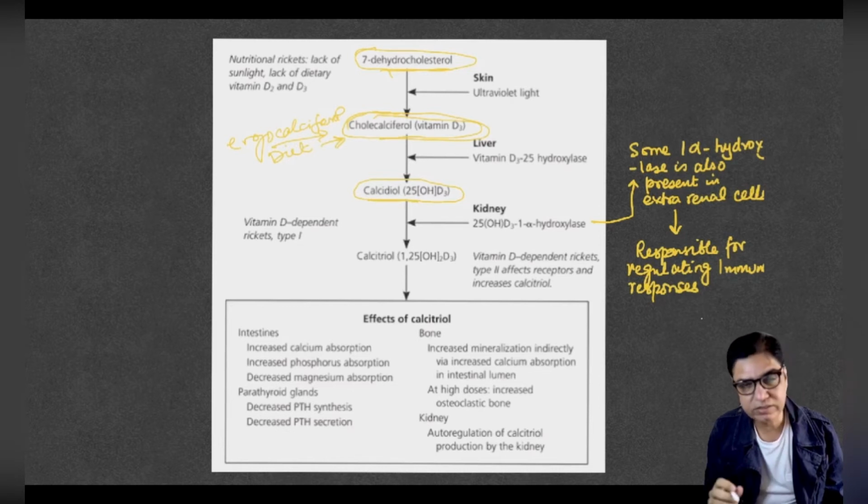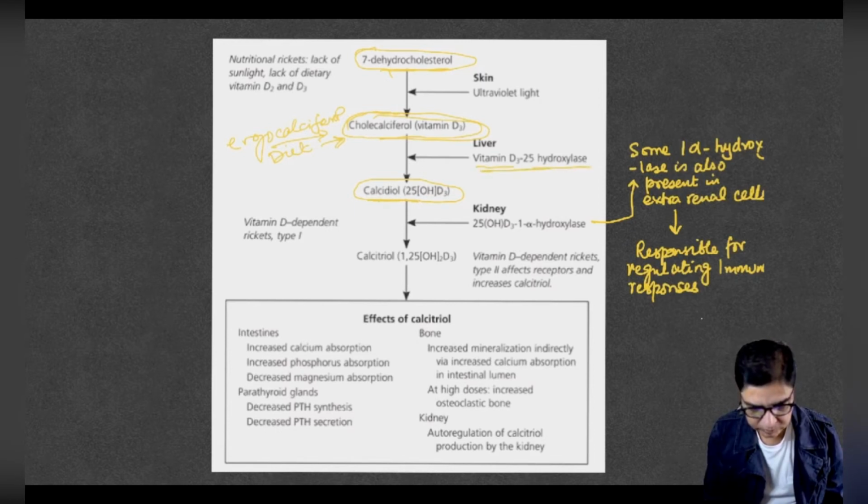There is an attachment of a hydroxyl group at the 25 position by the enzyme vitamin D3 25-hydroxylase. So if there is a problem with the liver, like chronic liver disease, it would cause a problem here, and that can lead to vitamin D deficiency and ultimately to rickets as well.